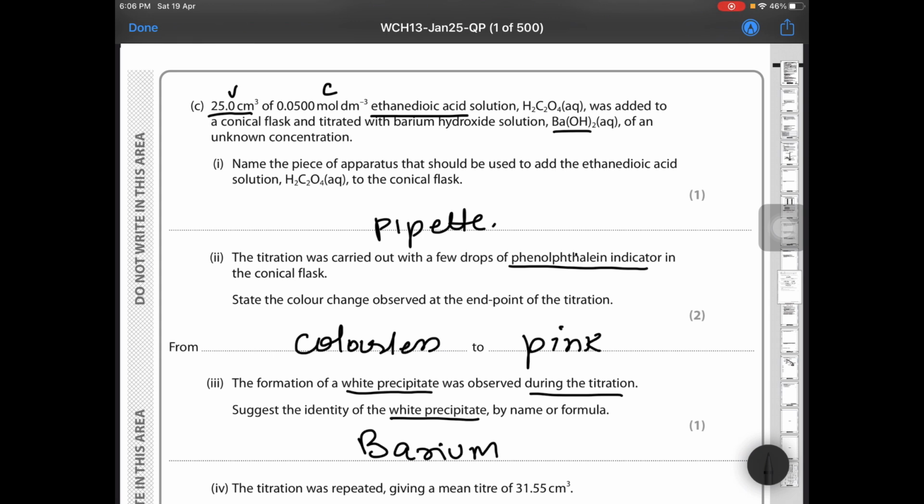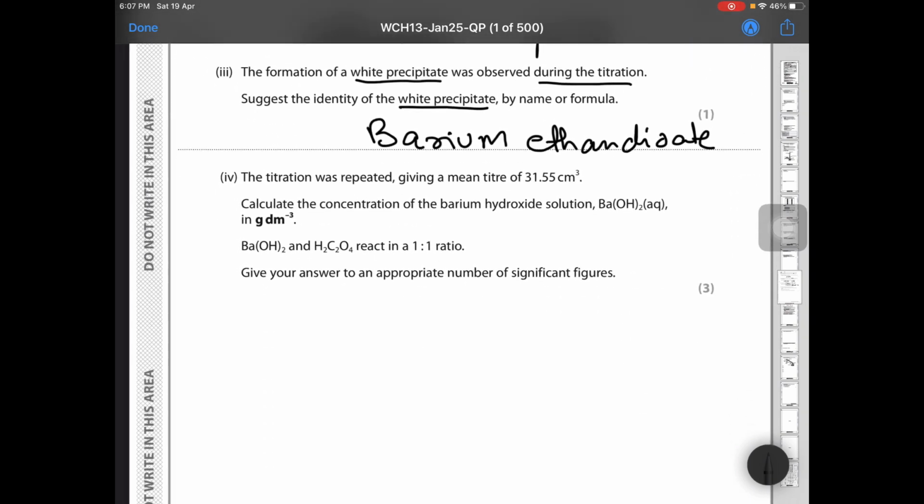It's going to be barium ethanoate. Barium ethanoate. Clear? Next.